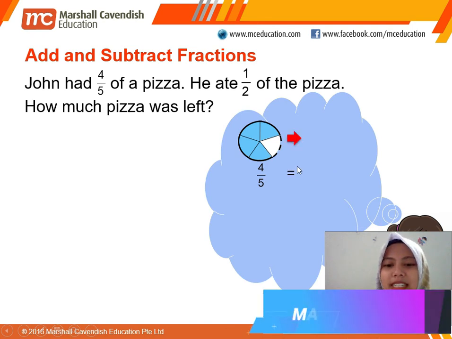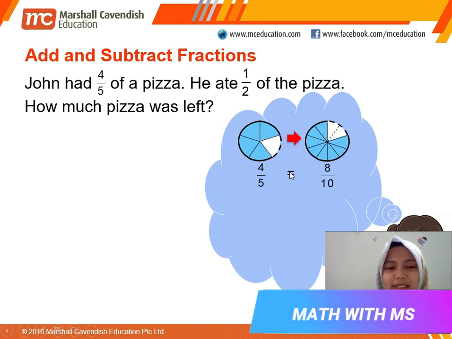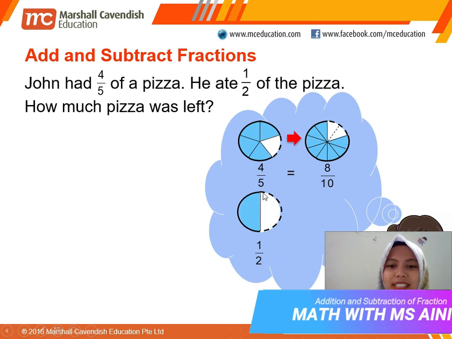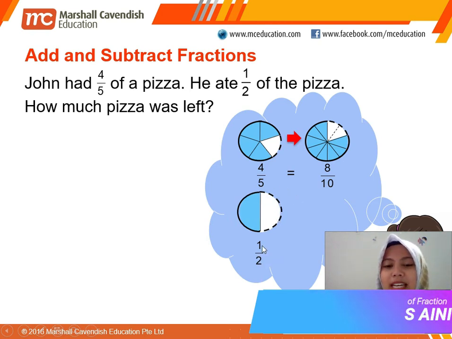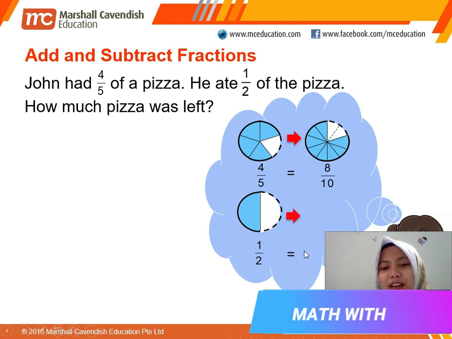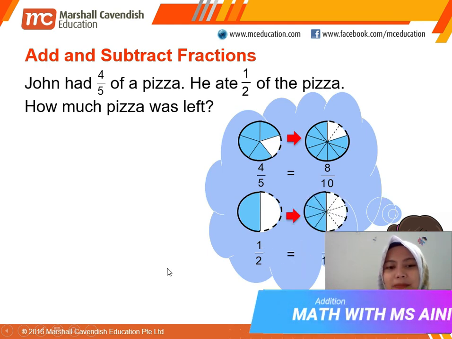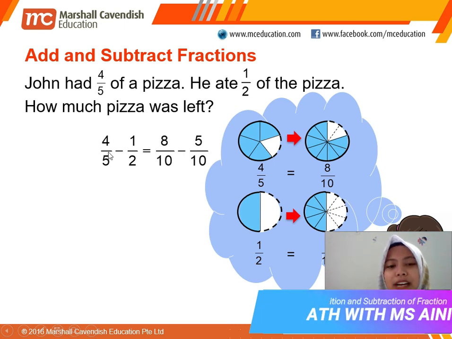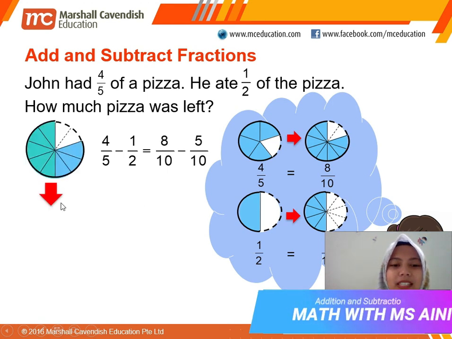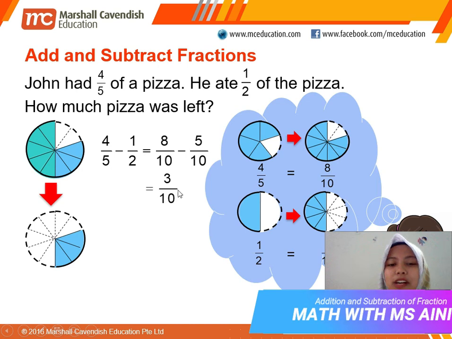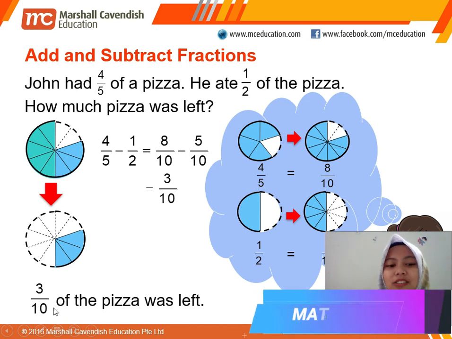So we get 8 over 10, right? And how about a half? The denominator also becomes 10, times 5, we get 5 over 10. And now we know that 4 over 5 minus 1 over 2 is equal to 8 over 10 minus 5 over 10, which is 3 over 10. So 3 over 10 of the pizza was left.